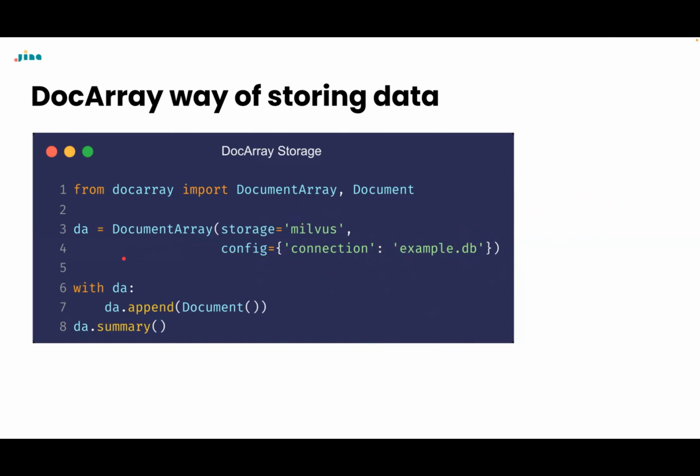But writing documents into the Milvus backend is very simple. It is just like how you write a file in Python: you open the file and then append the document. Here I just construct an empty document, which makes no sense, and it throws an exception because there is no embedding associated with the document. But it just gives you an idea of how it works.